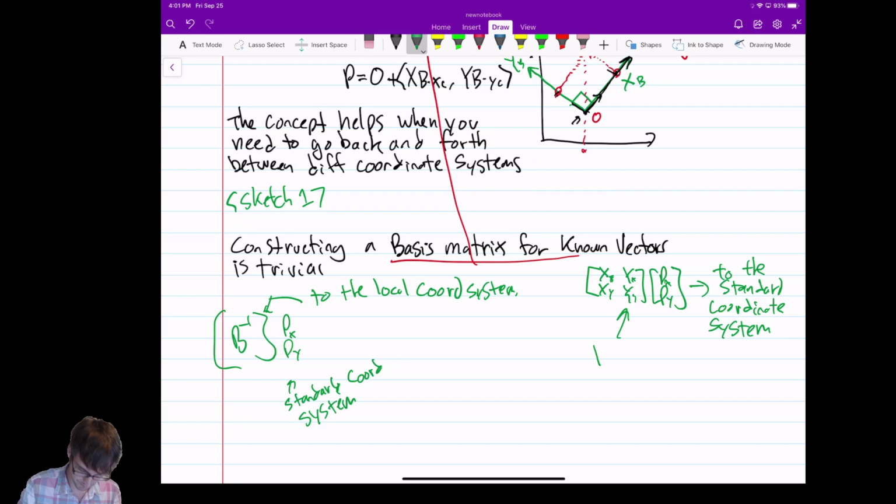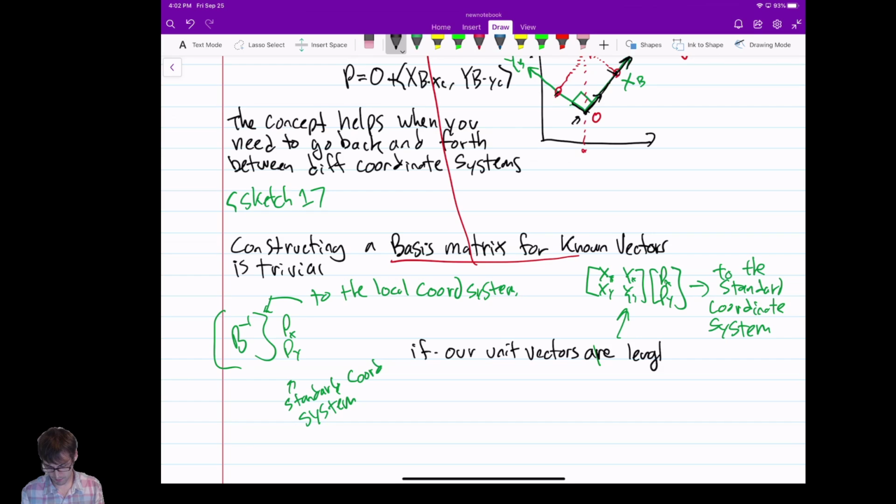It gets better. Well, what if our vectors are unit vectors, length 1, and we know that they're orthogonal, then we have an orthonormal matrix.